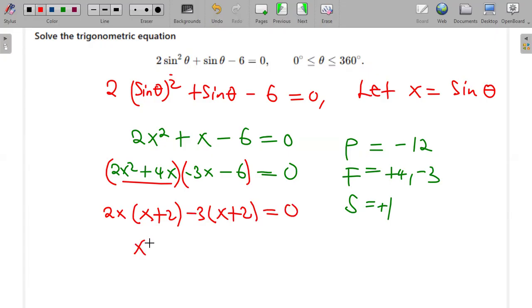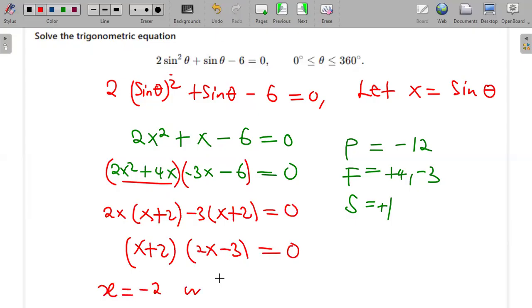So I have x plus 2 and then 2x minus 3 is equals to 0. So if I equate this to 0, I get x is equals to minus 2. Or if I equate this to 0, I get x is equals to 3 over 2. So 3 over 2 is 1.5.